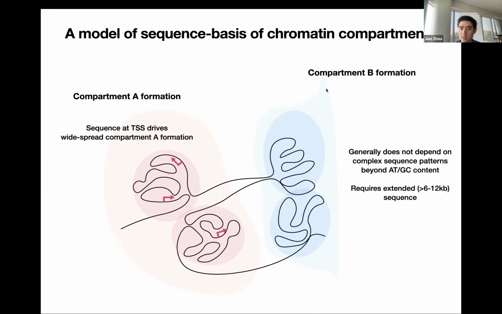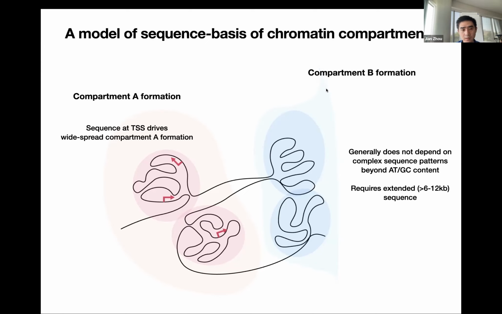In contrast, compartment B seems to be the passive side of the compartment, which does not need complex sequence patterns beyond just AT content. It requires sequences that are at least about 10 kb long that do not have the compartment activity to form.